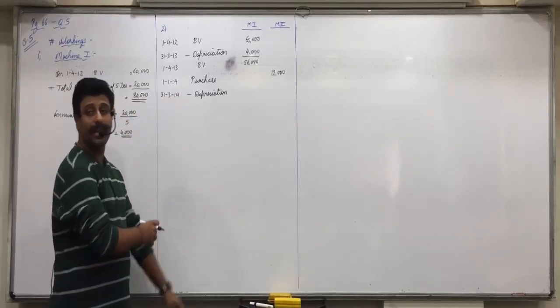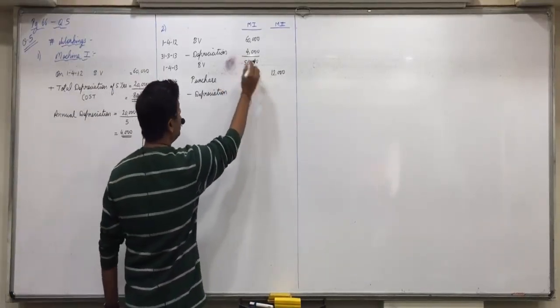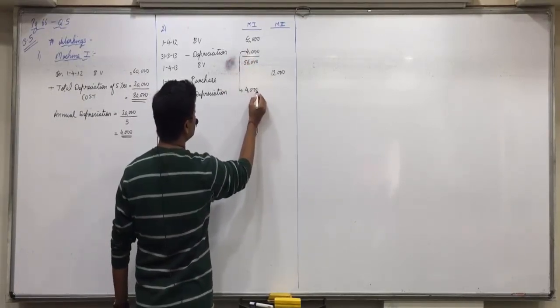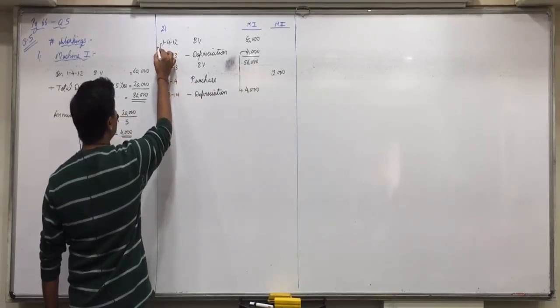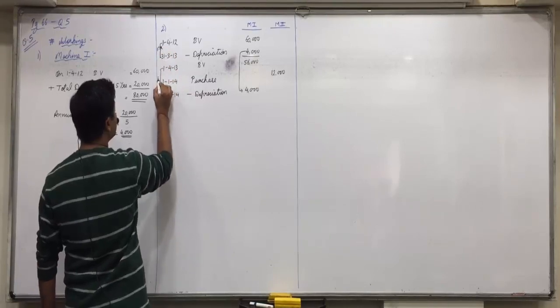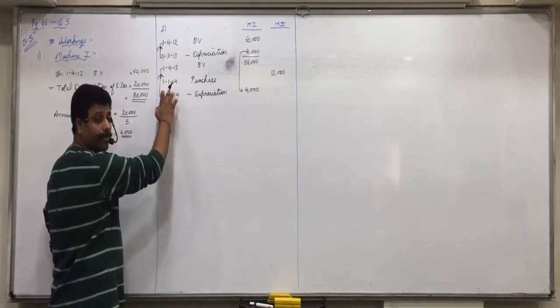Very good. So now, listen everyone. Machine 1, the depreciation will remain same, and it's also full year. This was also 1 year, and this is also 1 year. But machine 2 is purchased on which date?